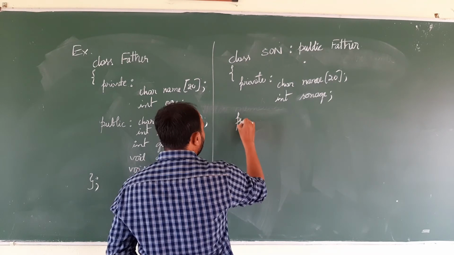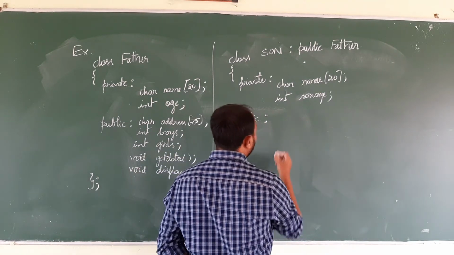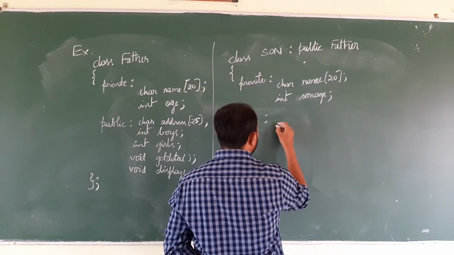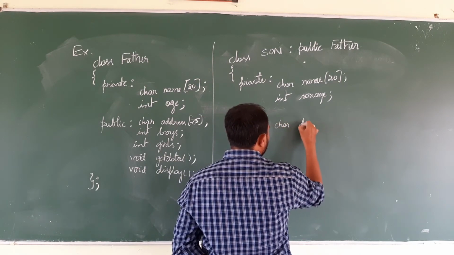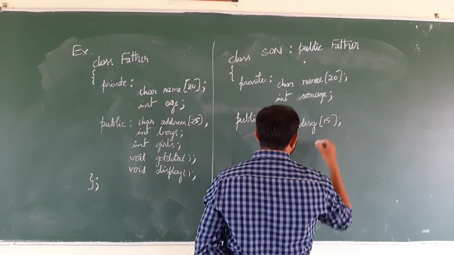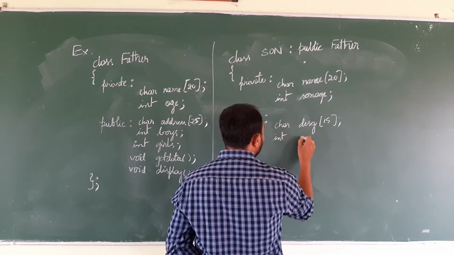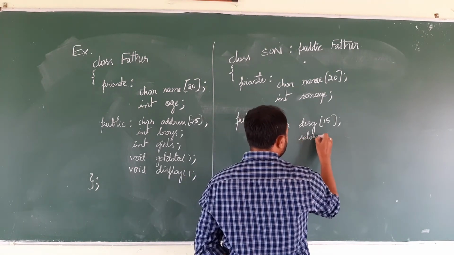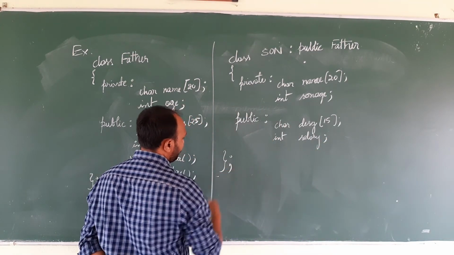Followed by that, within public, I will go with an integer, a character DSG, that is designation, in which designation he is working, followed by an integer salary. Let me terminate the class here.